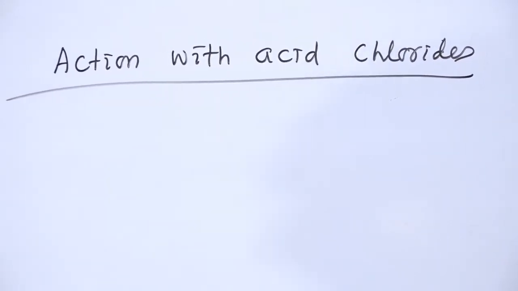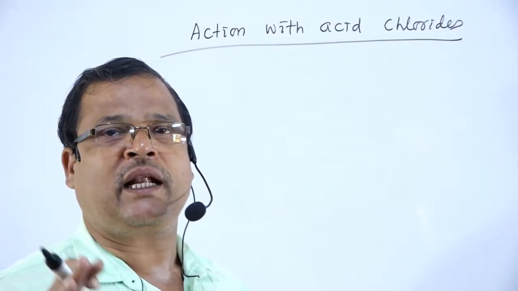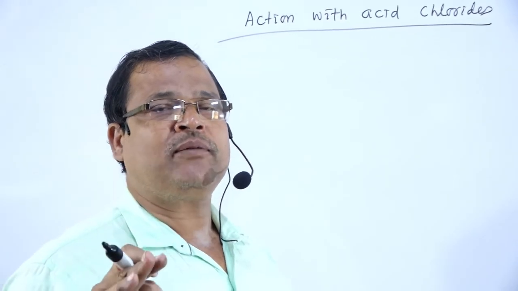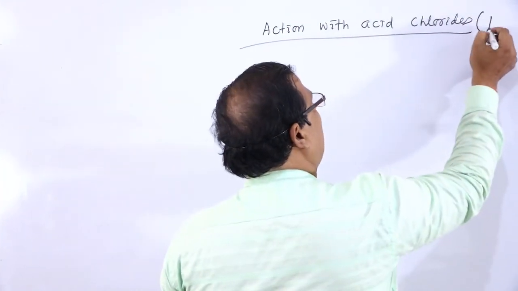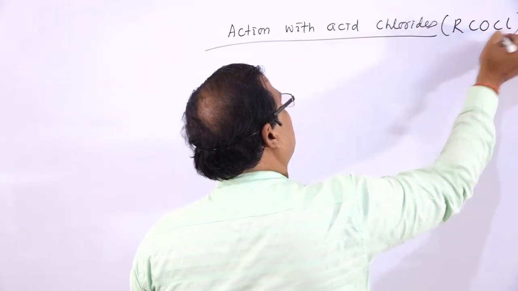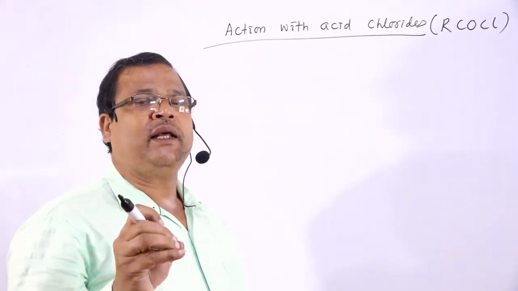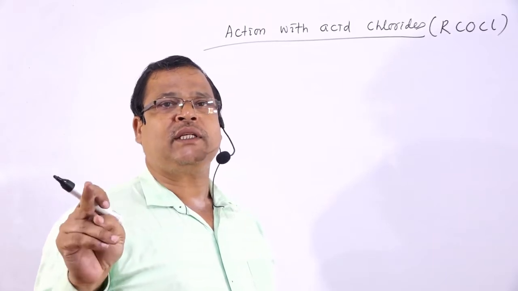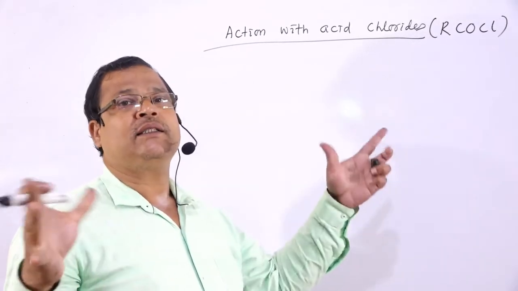Next is the reaction of primary, secondary and tertiary amines with acid chlorides, having the formula RCOCl. Then what will be the product that will be formed? We have to give the examples of primary, secondary and tertiary amines with this acid chloride. What are these different products?